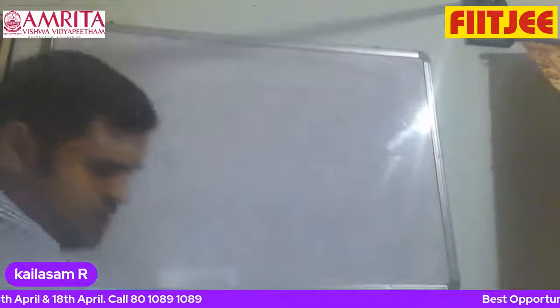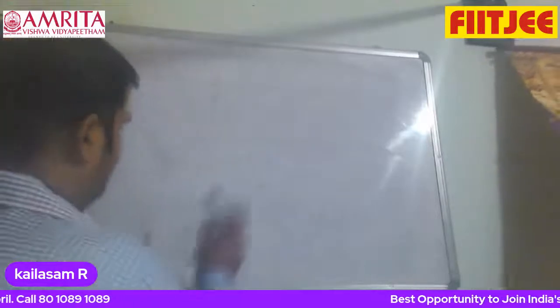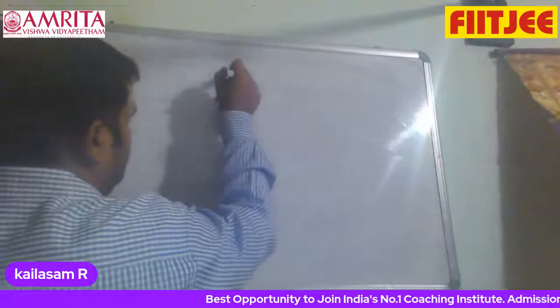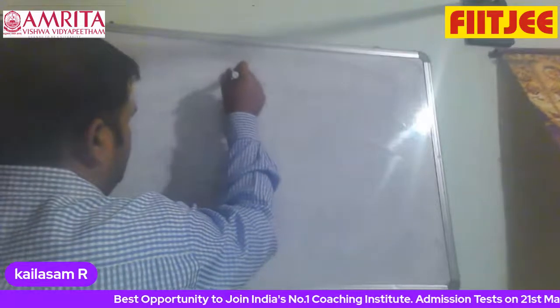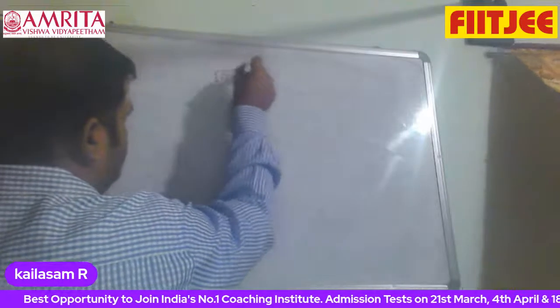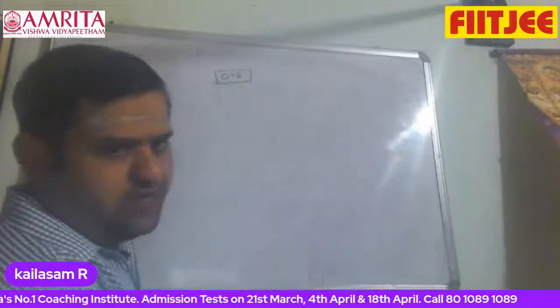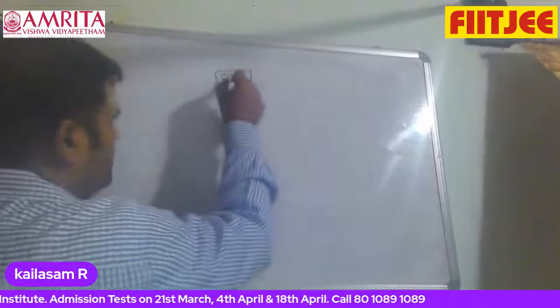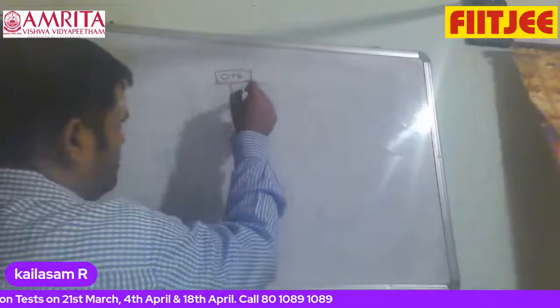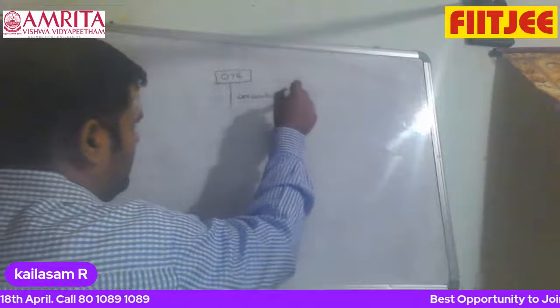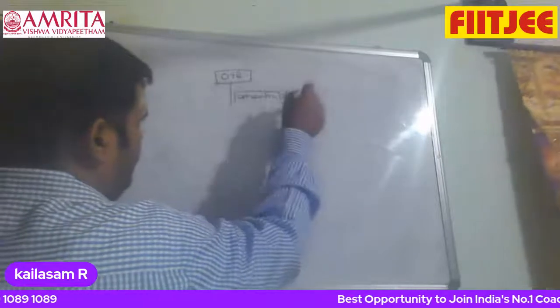Now, in this metallurgy, see the flow chart. Ore. That means extraction of metal from its ore is called metallurgy. Next, we are going to do a process called the concentration of the ore. There are 4 important processes.